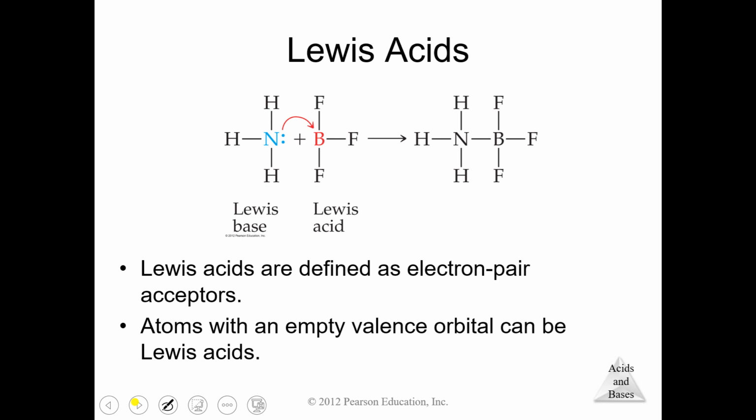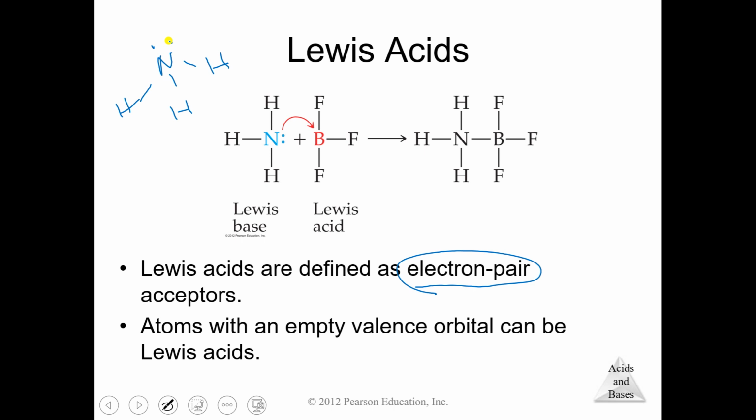So Lewis acids accept the electron pair, and the Lewis base will donate the electron pair. So what you're looking at here is NH3. Remember, NH3 looks like this, right? And it's got that lone pair of electrons here. The lone pair of electrons is being donated to BF3. If you remember, BF3 has no lone pairs of electrons.